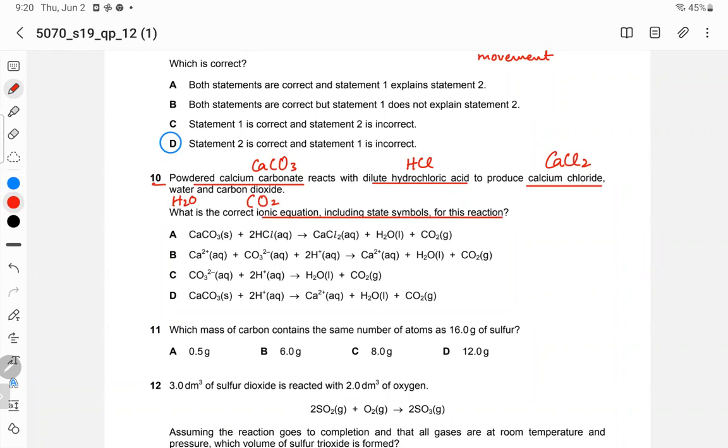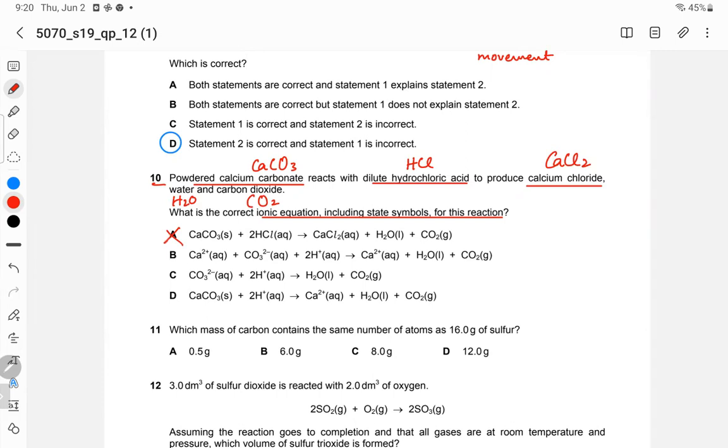Who can tell me the correct answer? They are asking about the ionic equation, so I will mark A wrong, because A is a complete ionic equation.